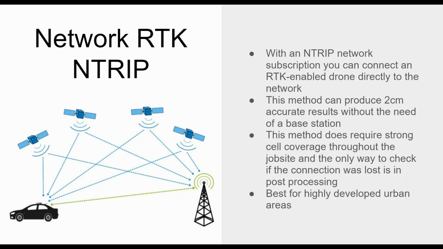Because if your cell service dips or disconnects for any reason, whether that be your phone dying, you accidentally switching off your hotspot, or you're connected to a Wi-Fi network in a building and the bandwidth can't support it, your drone will continue to fly and continue to collect data, but it will have no RTK, there will be no notification, and there will be no way of knowing that you have bad data until you go to process it in post.